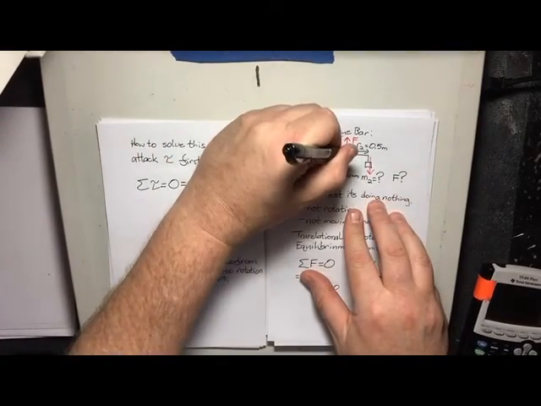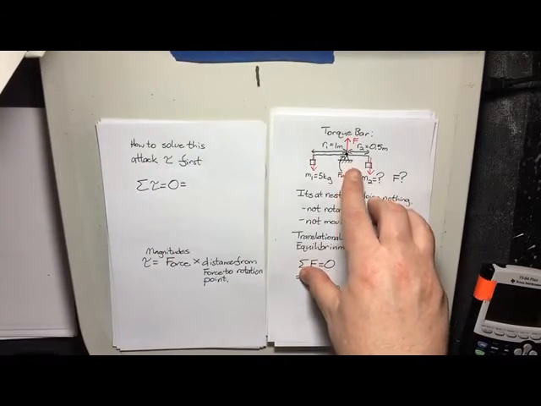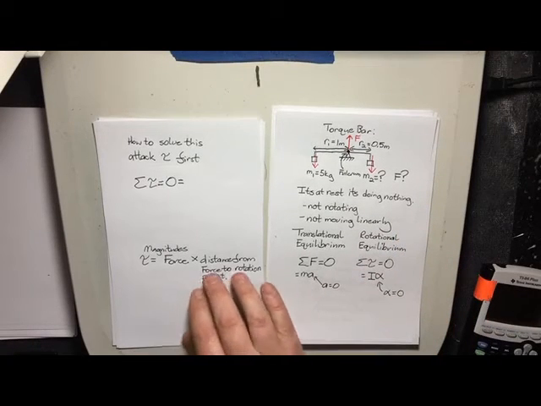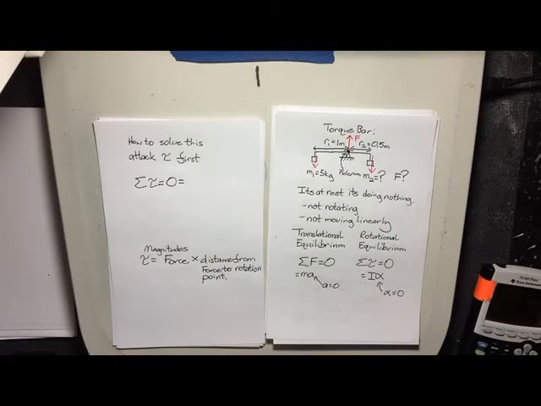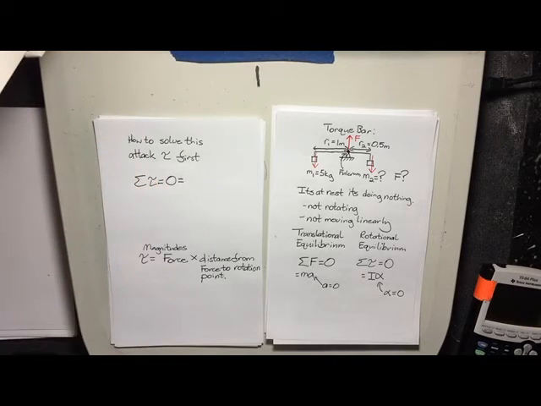We're going to choose that point right there at the fulcrum as our rotation point. And I'll get back to this later, but you could choose any point on this bar as your rotation point, and the problems should just work out just fine. The sum of the torques is equal to 0. And there are two forces about that rotation point.